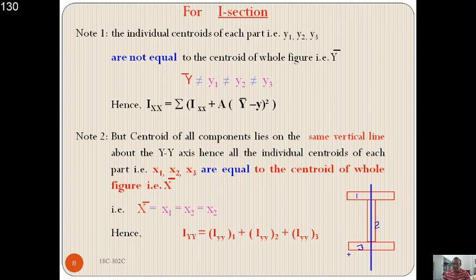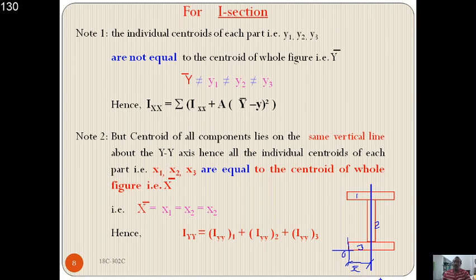You can imagine this is the zero point or origin, where the entire section lies in the first quadrant. Then from this point, this is the distance of x bar.